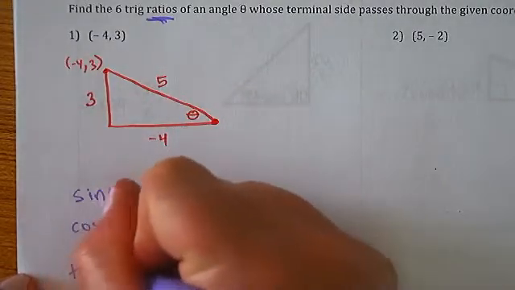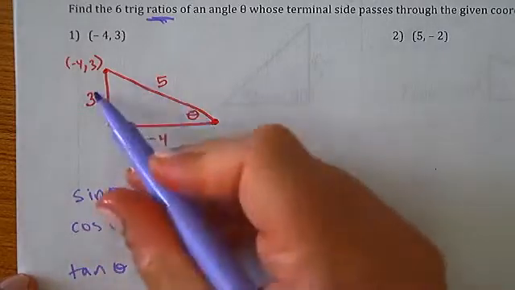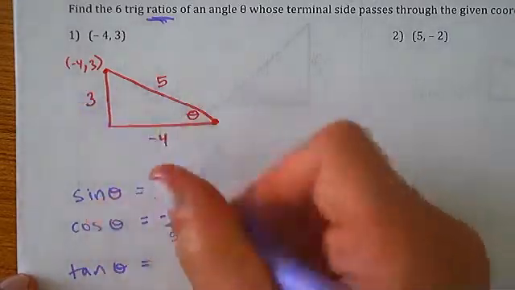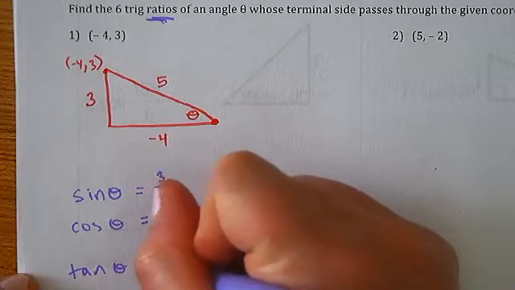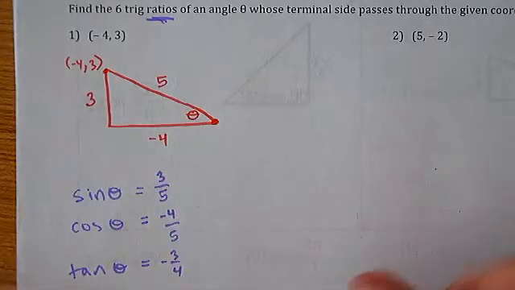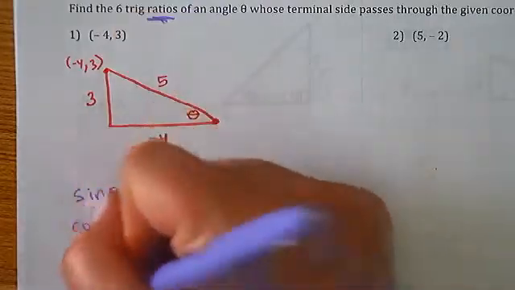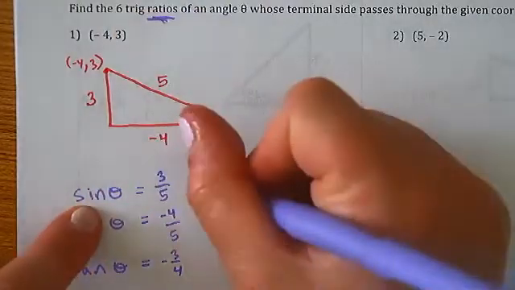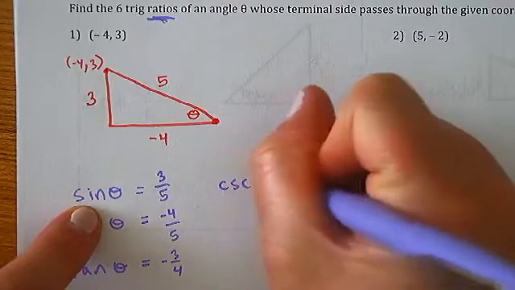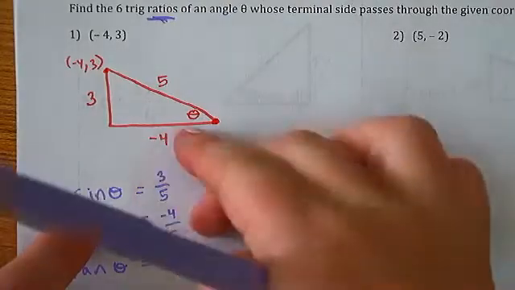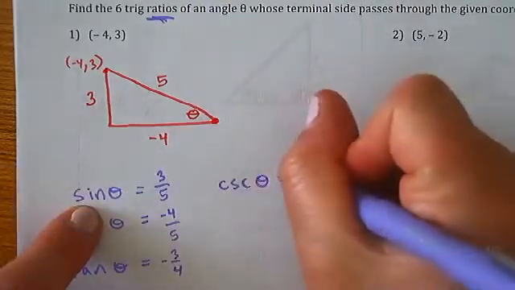And tangent is y over x, or opposite over adjacent. So that's 3/-4. So that's the first 3, but they want a total of 6. So the other ones are the reciprocals. The reciprocal of sine is cosecant, and we're literally just going to take this and flip it, and that's the answer.